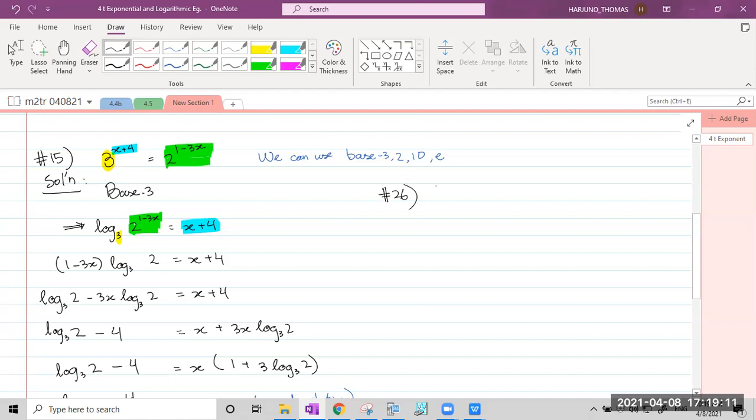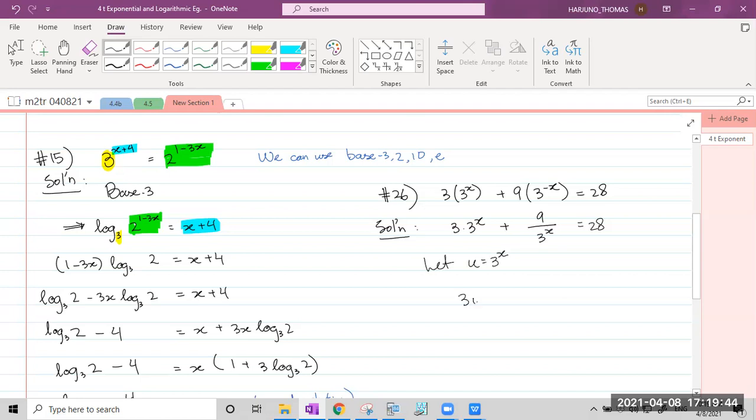We have 3 times 3 to the x plus 9 times 3 to the negative x equals 28. This is 3 times 3 to the x plus 9 over 3 to the x equals 28. Let u equal 3 to the x.